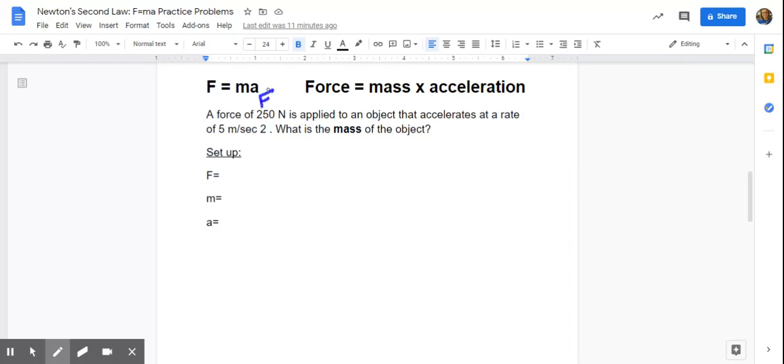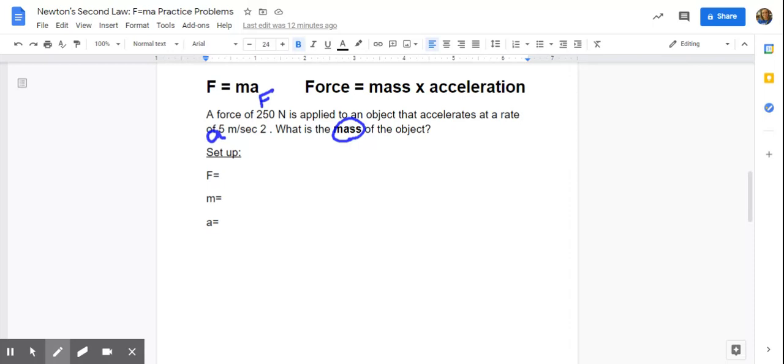Okay, is applied to an object that accelerates at a rate of 5 meters per second squared. So this 5 meters per second squared, that tells me it is acceleration. Okay, and again, I'm looking at units. I know that newtons is force. I know that meters per second squared is acceleration. And mass, well, that's what we're looking for. So we don't know mass.